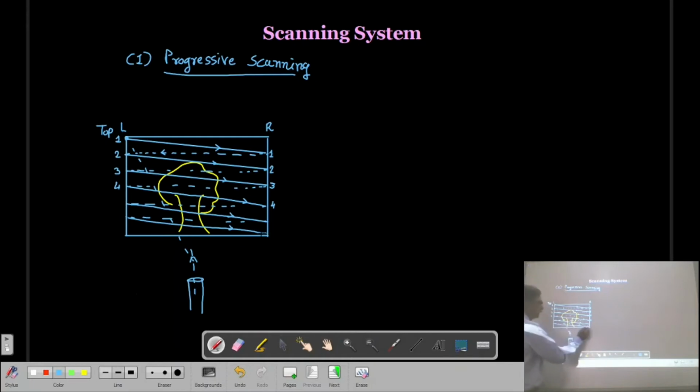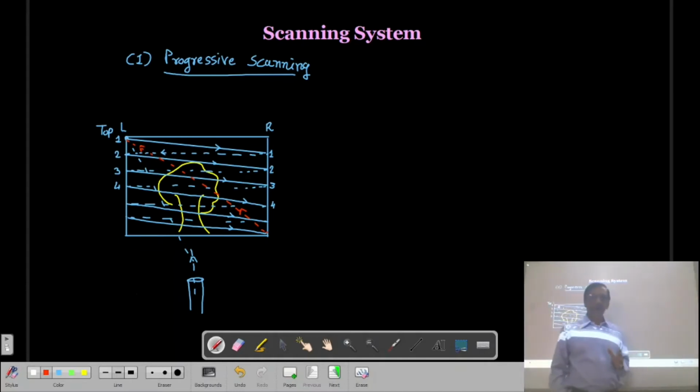After completing this, your electron beam will again come back to this position. From this, it is moving in this way to the left side.